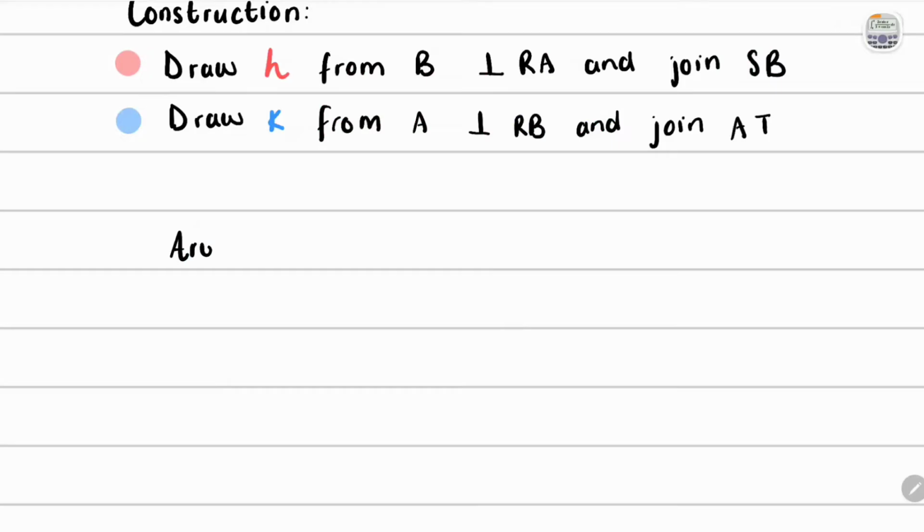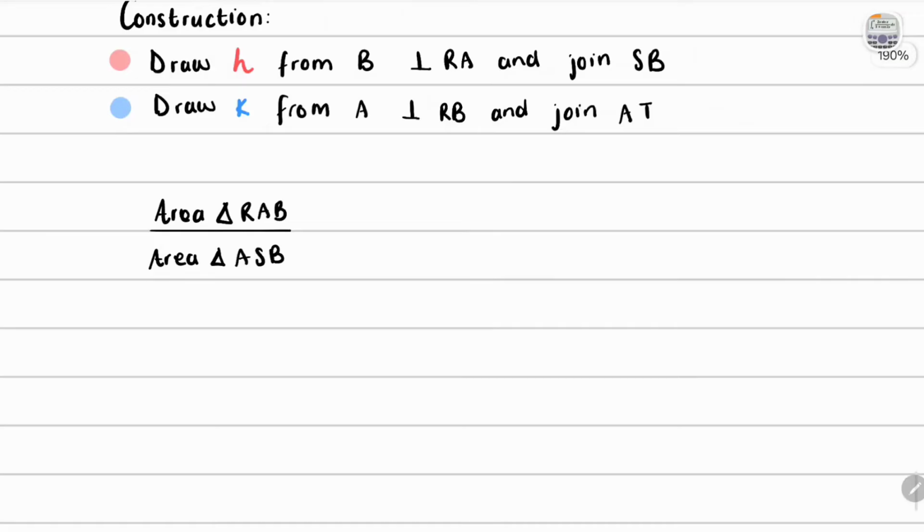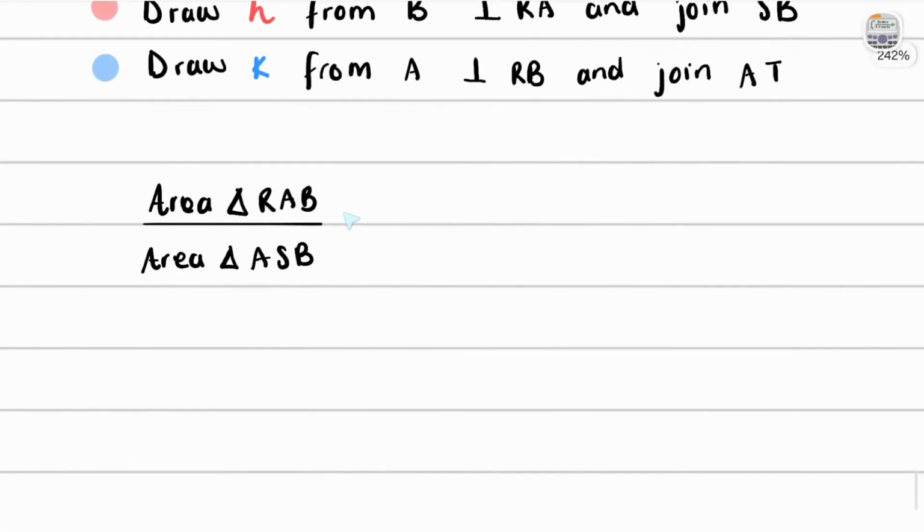So it is the area of triangle RAB over the area of triangle ASB. This is not equal to anything yet; we're simply finding what it gives us.